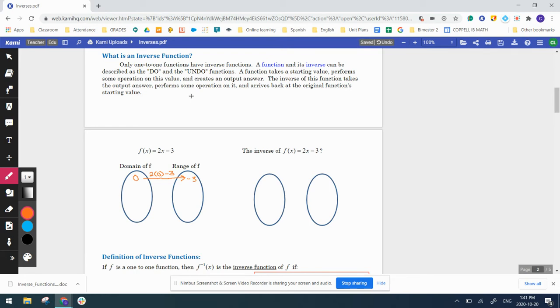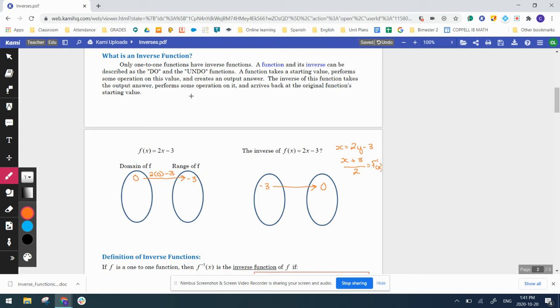Then if I put the negative 3 in the inverse, it should get me right back to the beginning. So if I find my inverse of this, y equals 2x minus 3, the inverse is x plus 3, divided by 2.